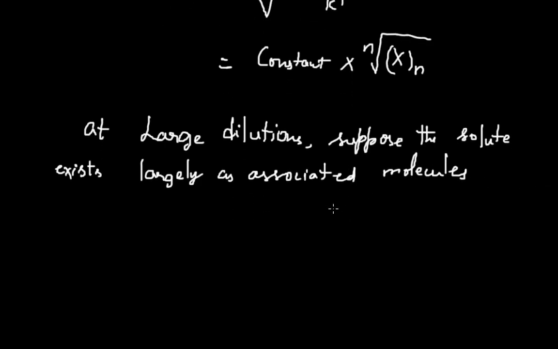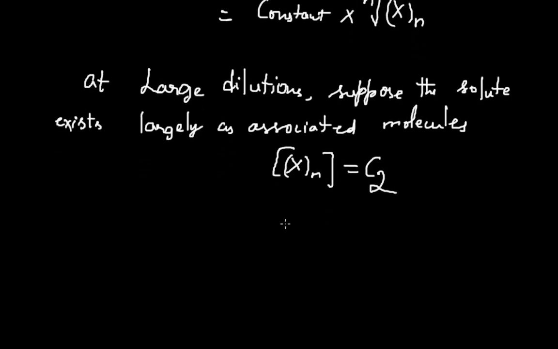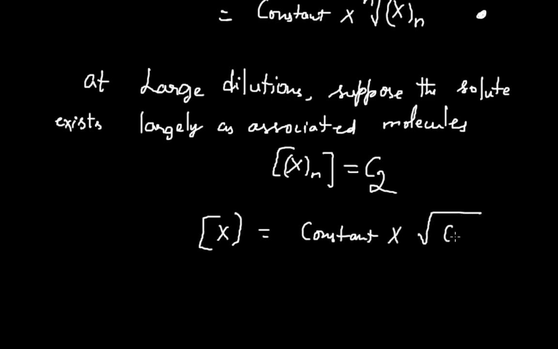Which means the concentration of Xn can be taken as the total concentration C2 in phase 2. Then from this equation, the concentration of X will turn out to be a constant into the nth root of C2. I want to call this A.